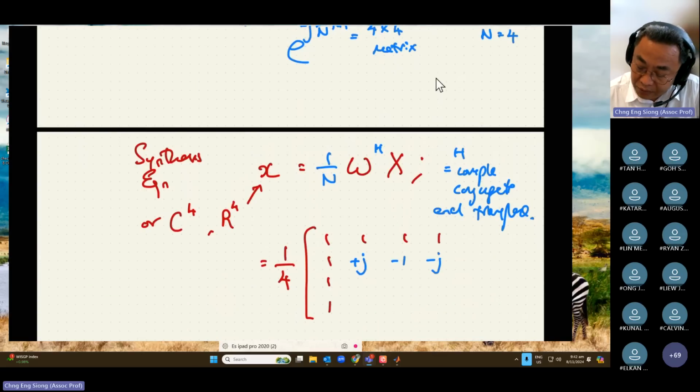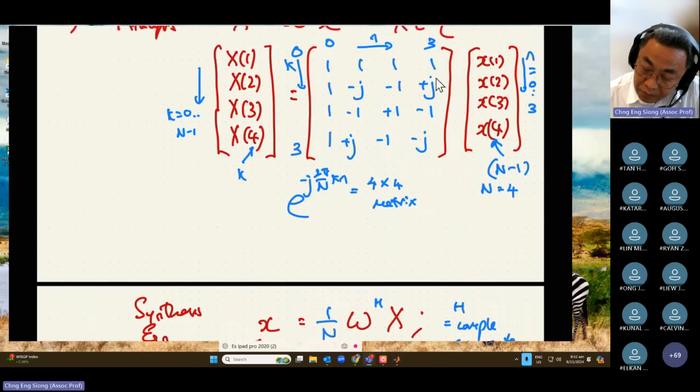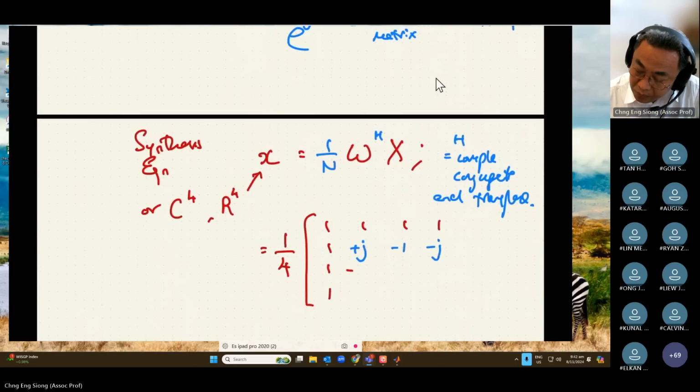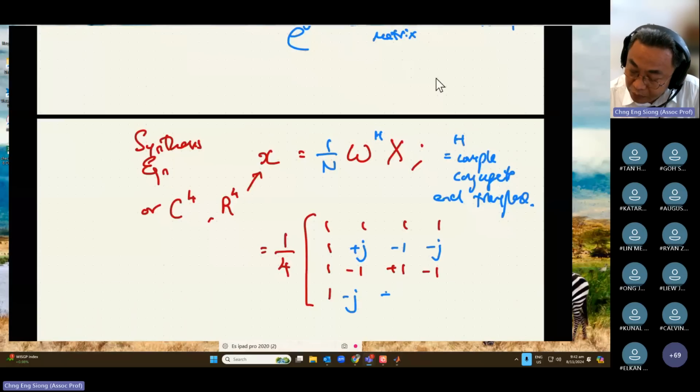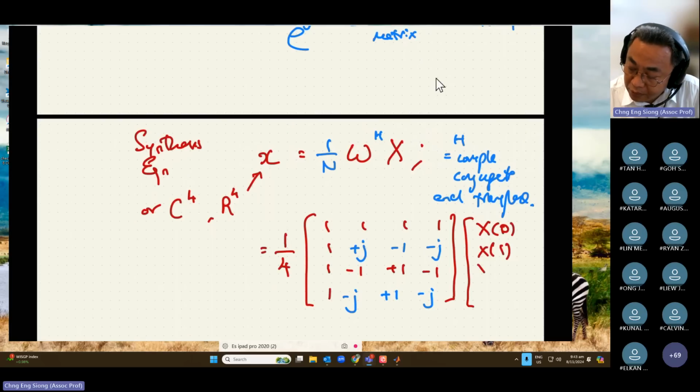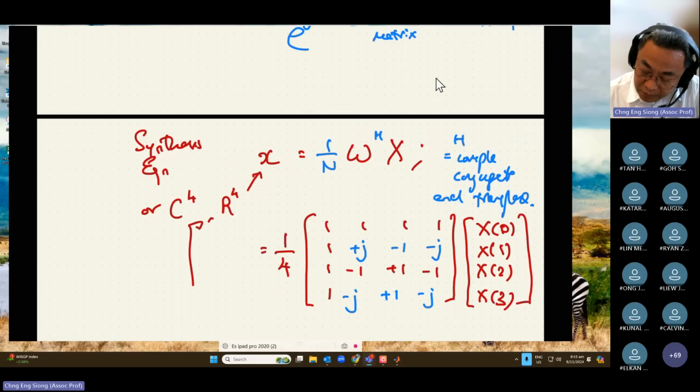The rest of the values are almost the same. 1, minus 1, plus 1, minus 1. Then the last one is again different. This is minus j, plus 1, minus j. And here will be our capital X0, X1, capital X2, capital X3, and here will be our small x.